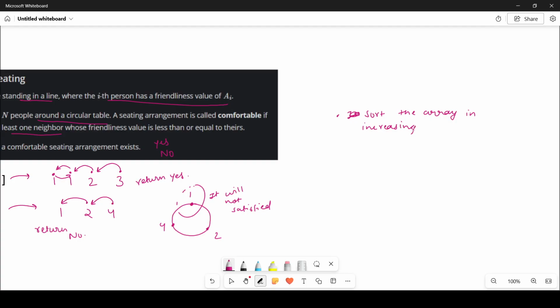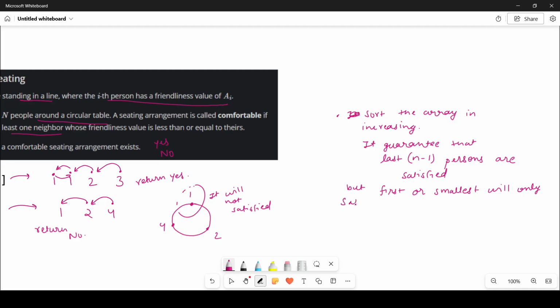This will guarantee that the last n minus 1 persons are satisfied, but the first, or smallest, person will only be satisfied if there are at least two counts of that smallest person. I hope you got this.